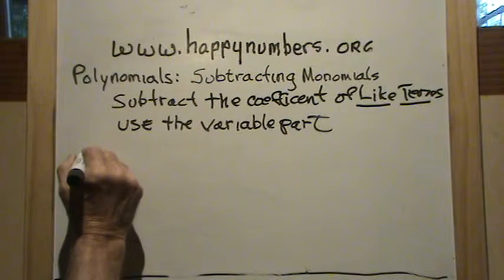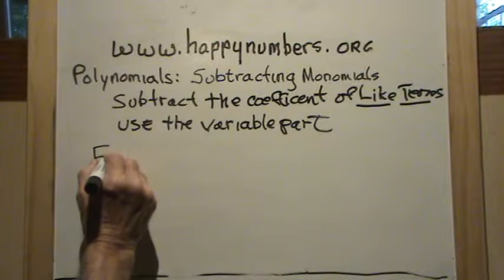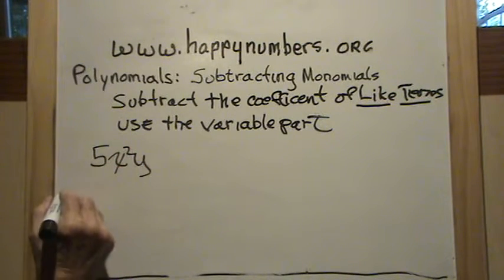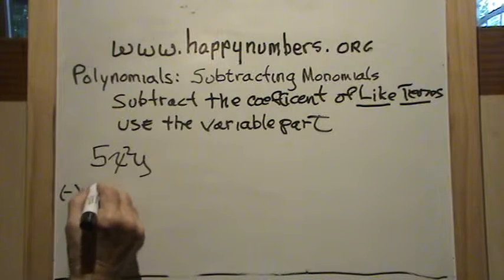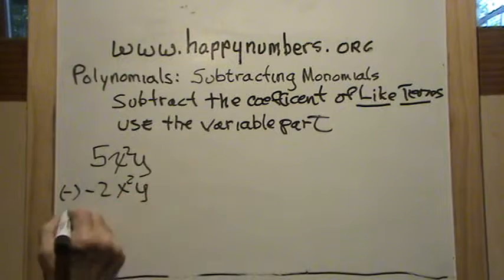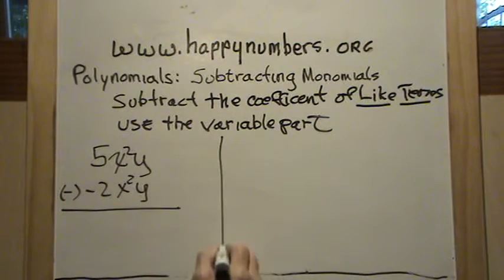Let's take this. 5x to the second power y minus negative 2x to the second power y. Let's take a look at that problem.